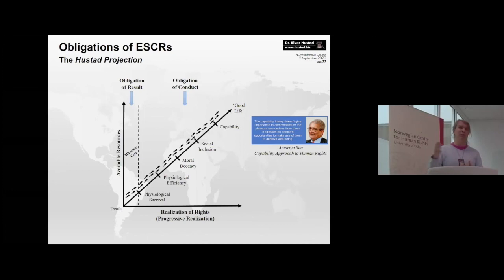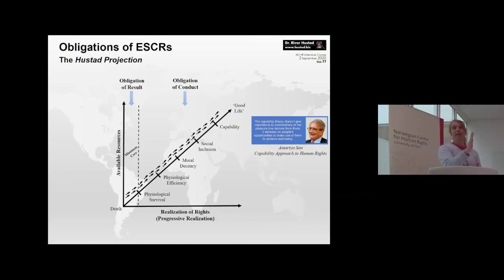I can't go too much into capability right now for time, but the obligation is to take steps. That obligation is to take the steps toward the very top there. So states that might have lots of resources, you see on the left, as their resources increase, then what they're progressively working toward also increases.